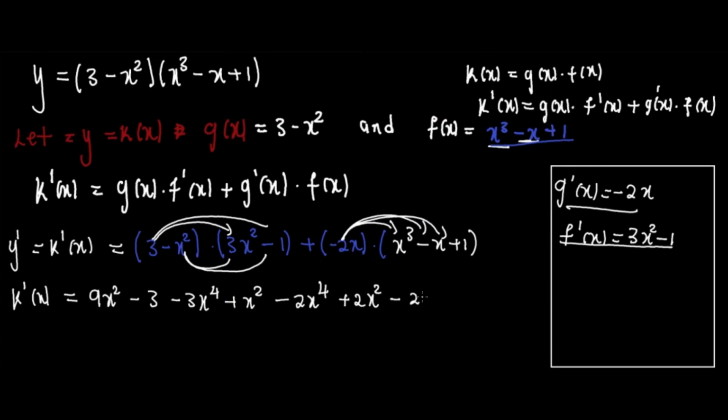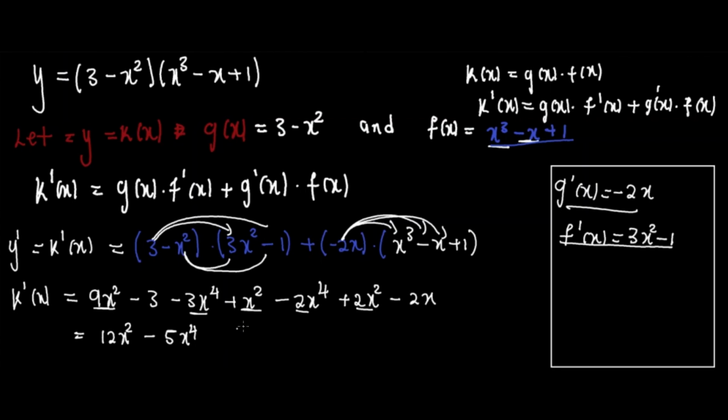Then now let's collect the like terms. 9x squared plus x squared plus 2x squared is equals to 12x squared. And we have minus 3x to the 4th power minus 2x to the 4th power. Then we'll have minus 5x to the 4th power.